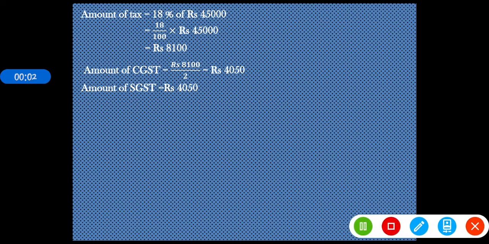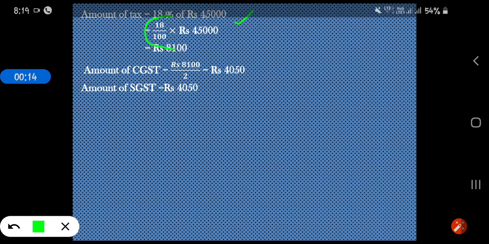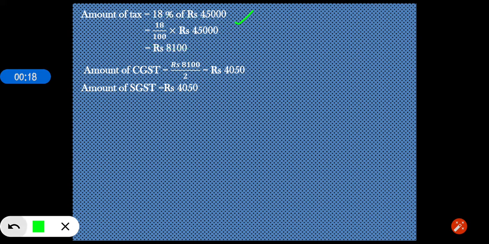Okay, after the cost price of the article, let's calculate the amount of tax. The amount of tax is equal to 18% of rupees 45,000. 18% of 45,000 means 18 divided by 100 into 45,000. Now 20 gets cancelled with 20, so 18 into 450 is equal to rupees 8,100.